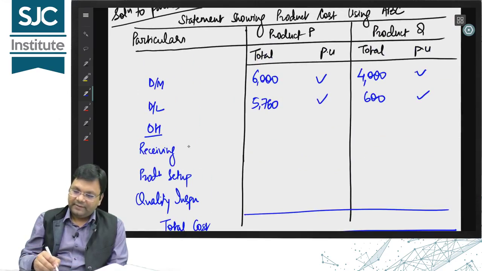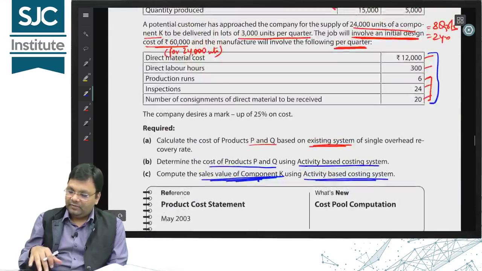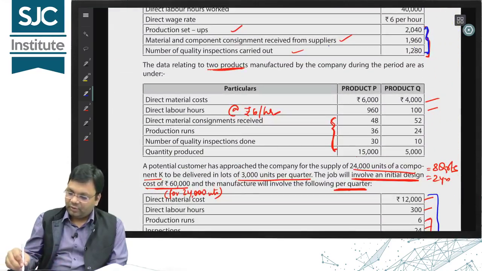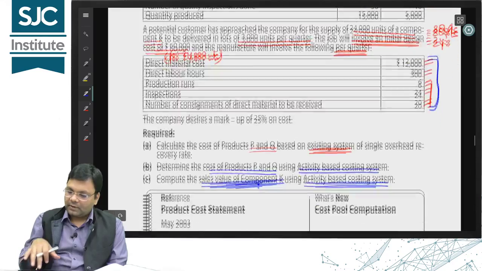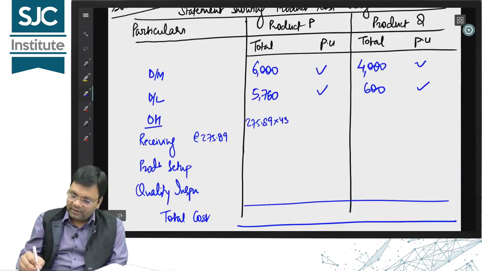So for receiving, the rate is 275.89, and this needs to be multiplied with the number of consignments for product P, which you will see in the next table. For product P, number of consignments received is 48, and for Q it is 52. So multiply by 48 and 52.